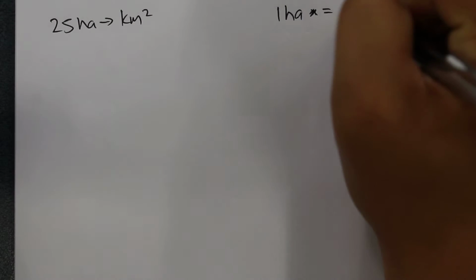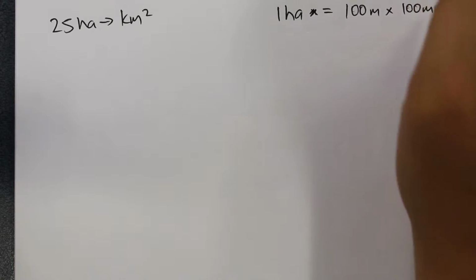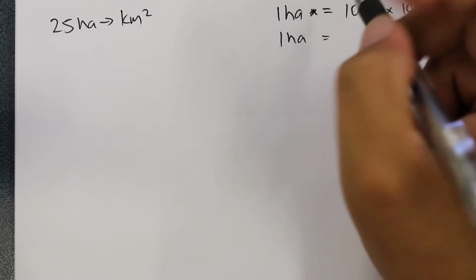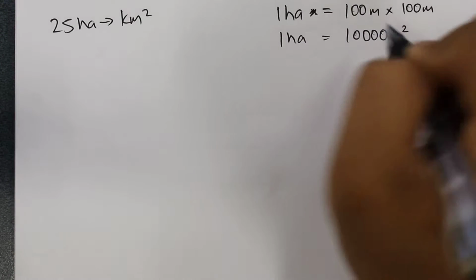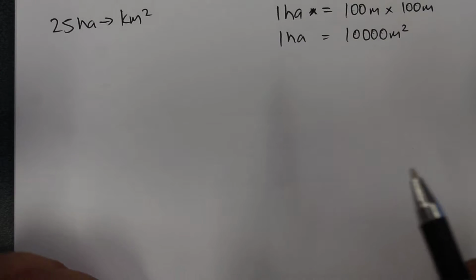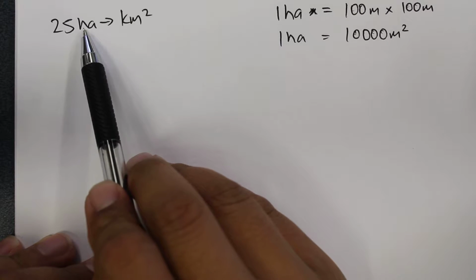So we can write 1 hectare is equal to 10,000 meters squared.